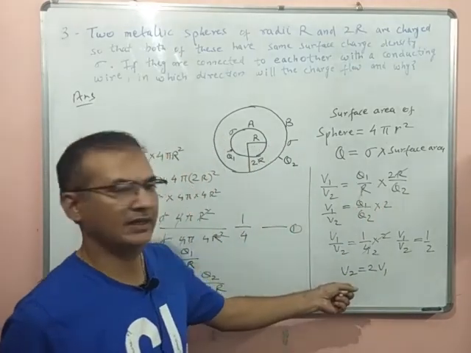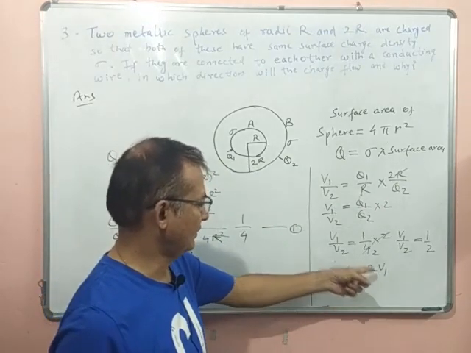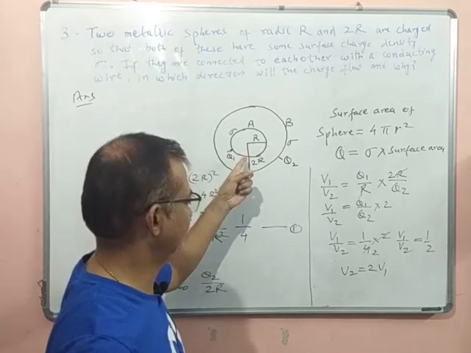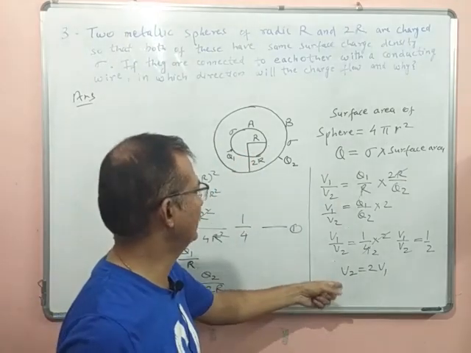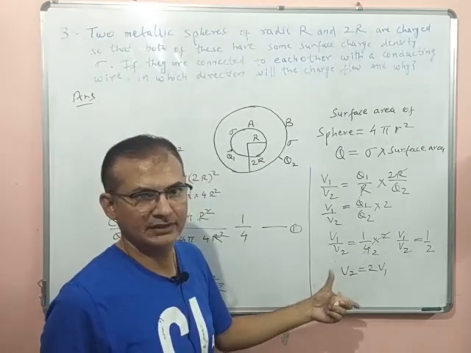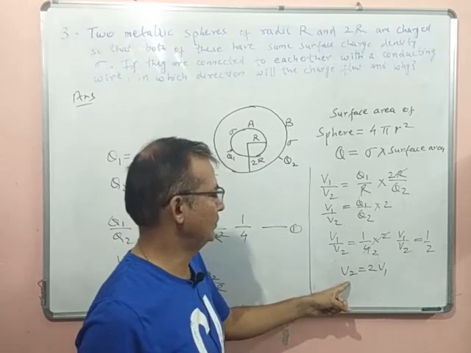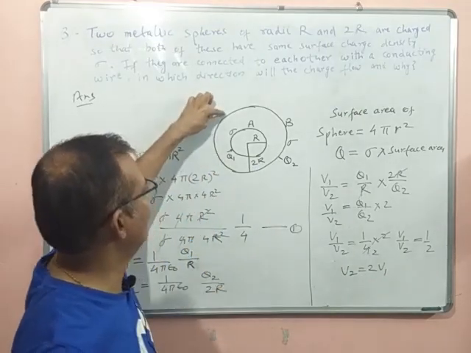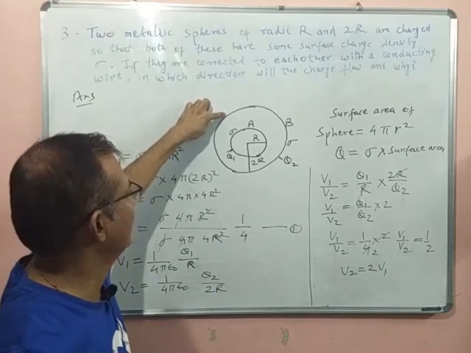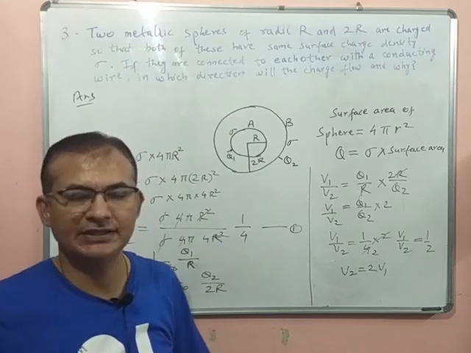From this we can infer that the potential of the smaller sphere is lesser than the potential of the bigger sphere. This we can infer because V2 is twice of V1. That means the potential of the bigger sphere is more than the potential of the smaller sphere.